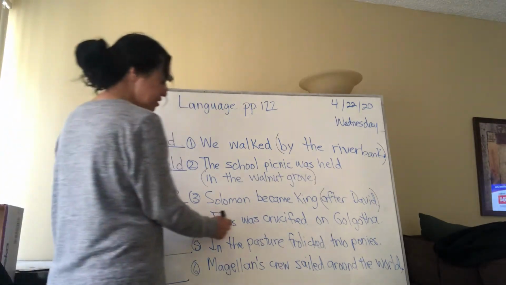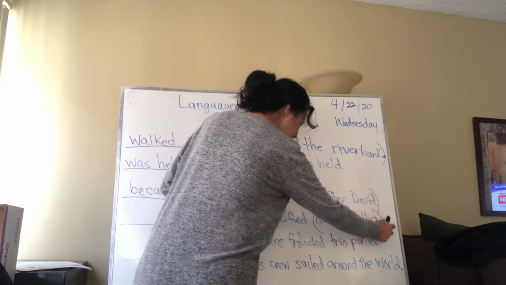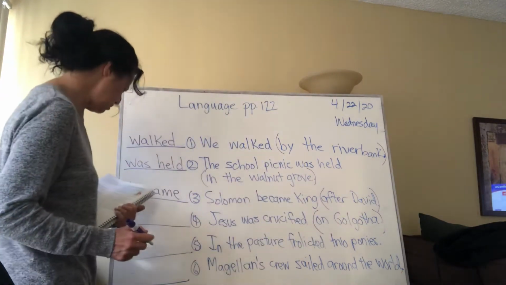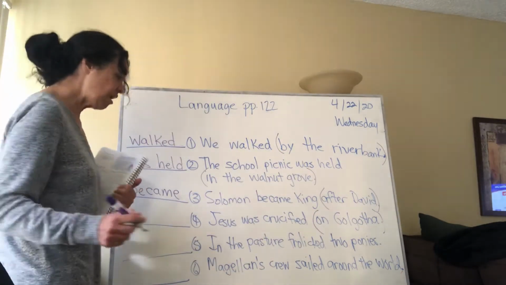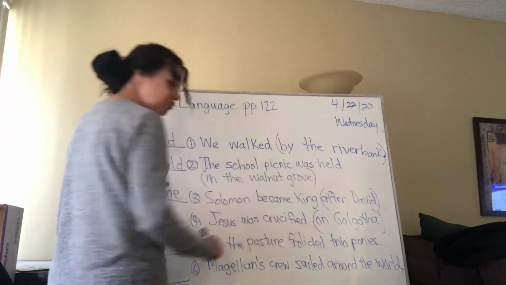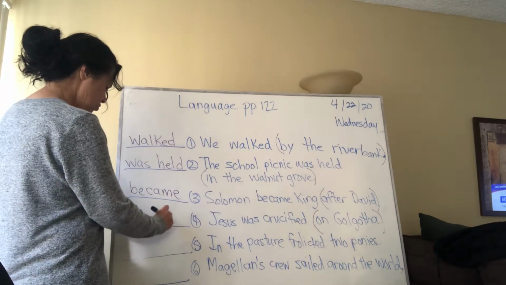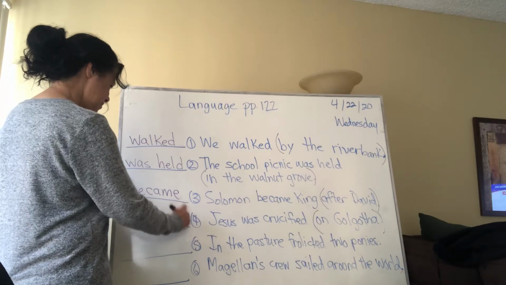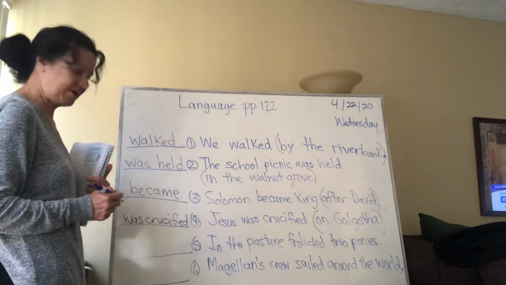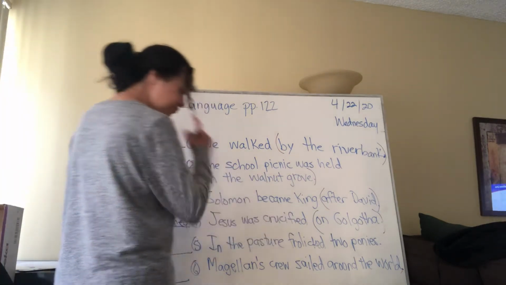Number four, Jesus was crucified on Golgotha. We just celebrated Easter. Thank you, Lord. On Golgotha. On is the preposition. Golgotha is the object of the preposition, and it's giving us details about was crucified. The verbs are was crucified. So we write was crucified in the blank. Number five, in the pasture frolicked two ponies.